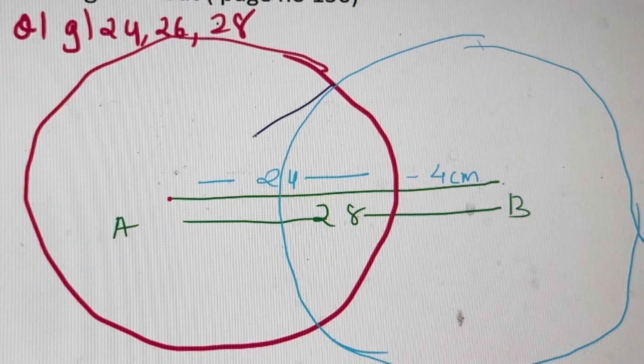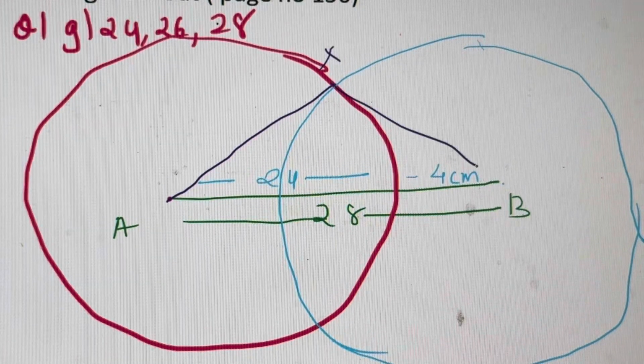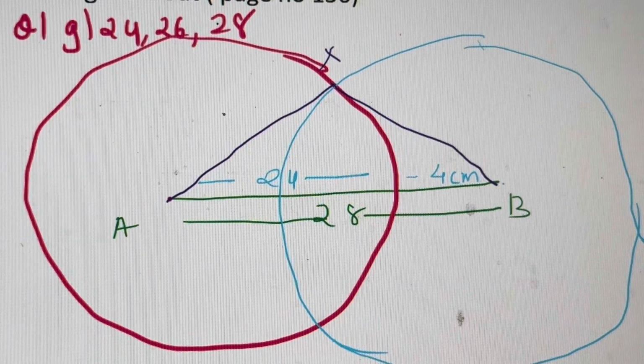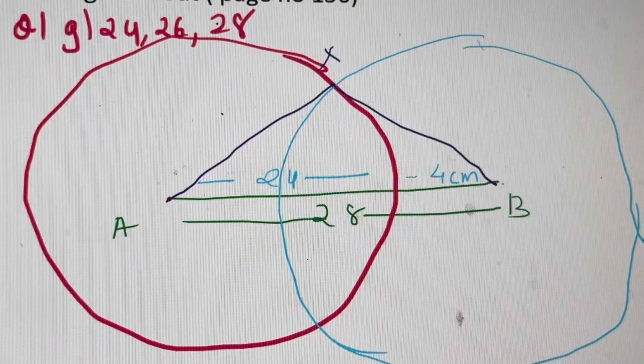So join these points with A. You can name it as X. This point with B, XB. So this is 24, this is 26, right? So a triangle can be formed.